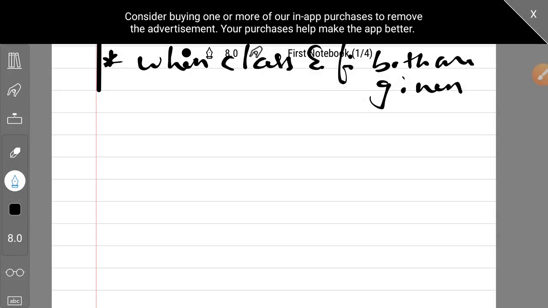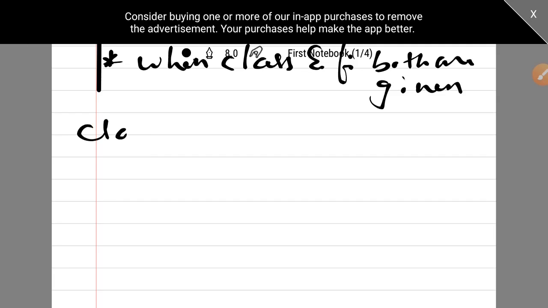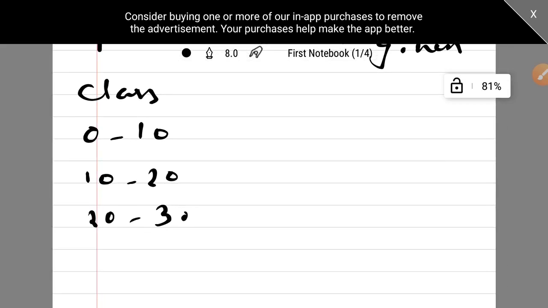Let's take an example. Say for example there is a class, 0 to 10, 10 to 20, 20 to 30, and 30 to 40. Okay, for example, this type of classes is given, and frequency is given.